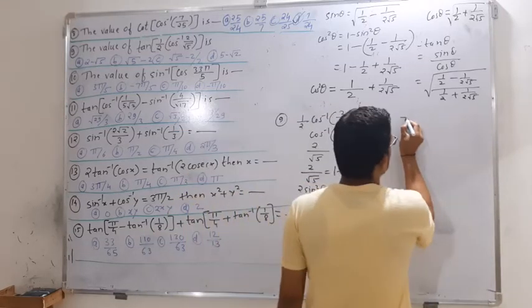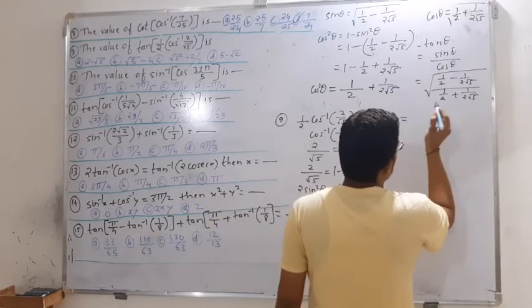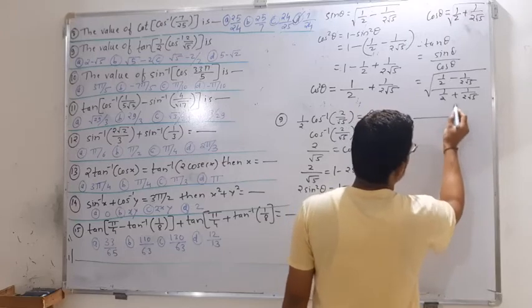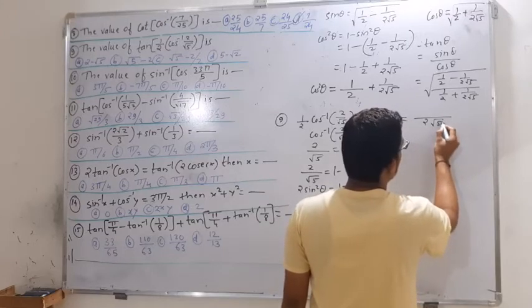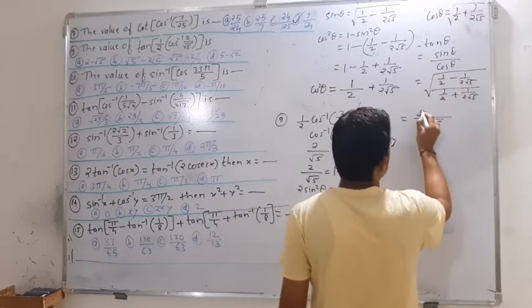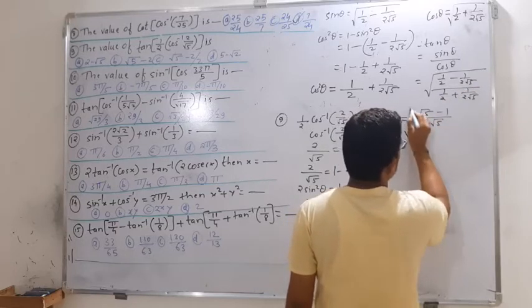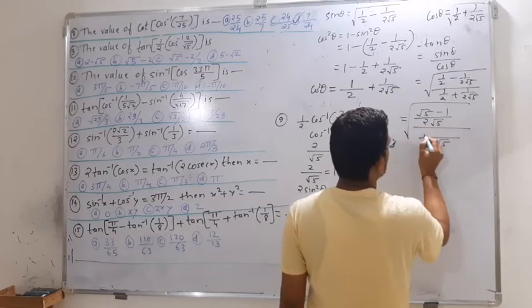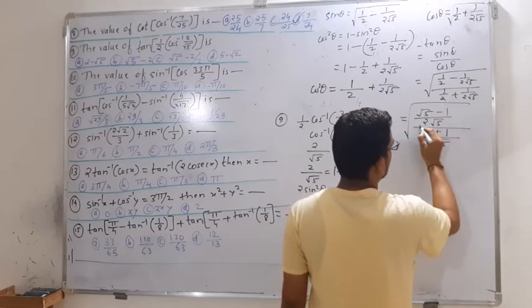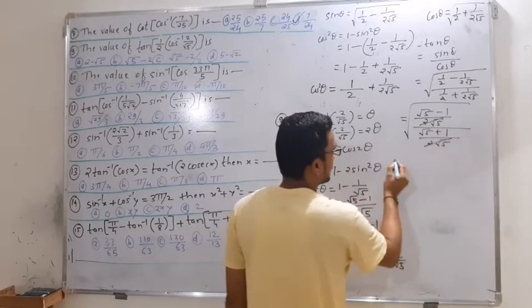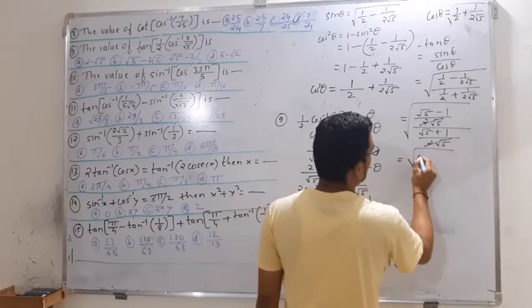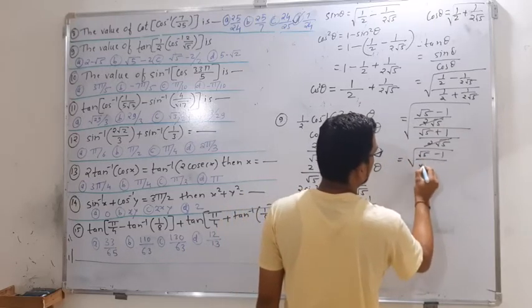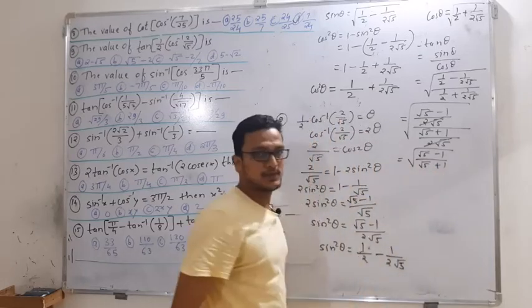If you take the LCM, 2 root 5 is the LCM. Then it is root 5 minus 1 divided by, the LCM is again the same, 2 root 5, so it is root 5 plus 1. This will get cancelled, left with the root of root 5 minus 1 divided by root 5 plus 1.